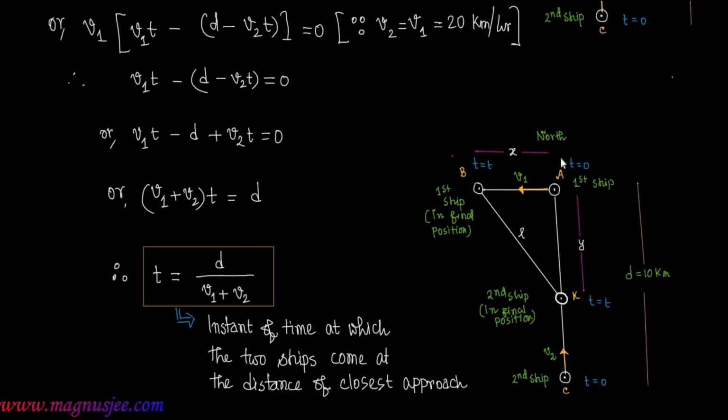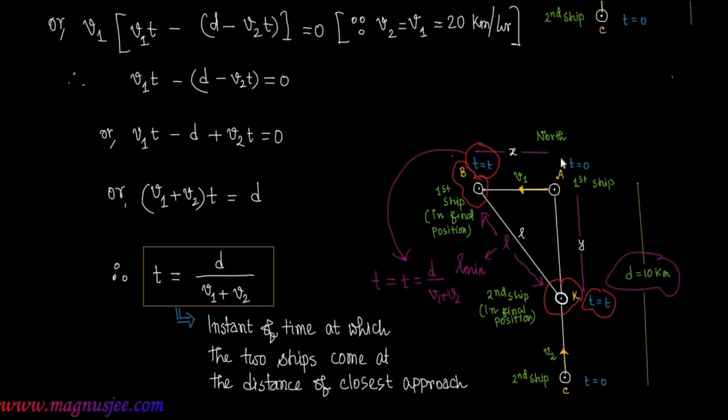When the two ships are at the points A and K, at instant t equal to t seconds, in that case the distance between the two ships is L. L is the distance between the two ships at the final positions, that is at the points A and K. Therefore, the time at which the two ships come at the distance of closest approach will be equal to d divided by (v1 plus v2).